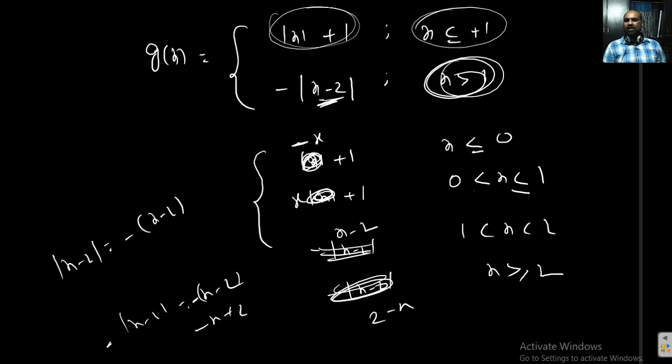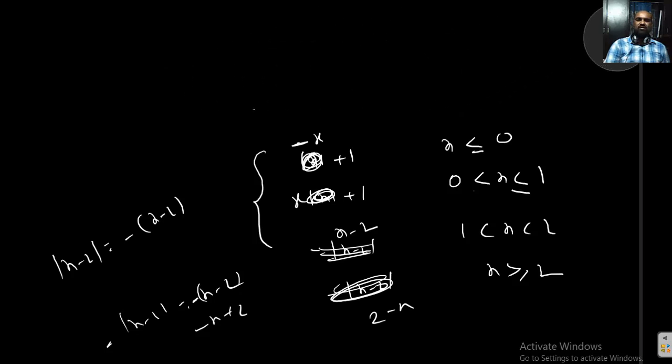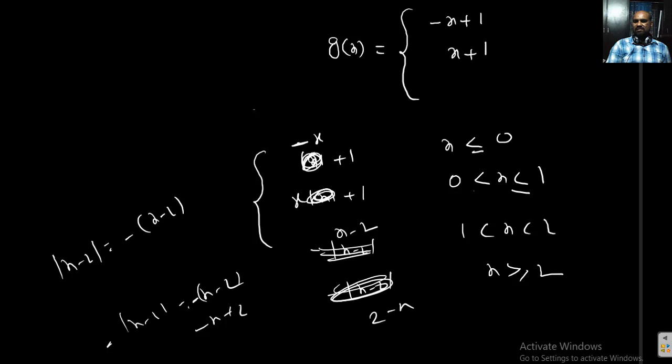Now again I want to rewrite g of x here. Students, listen. What is g of x? Once minus x plus 1, once x plus 1, once x minus 2, once 2 minus x.